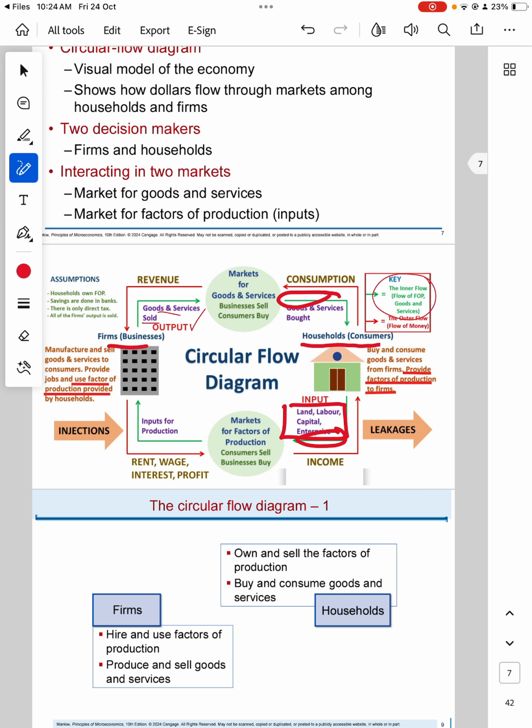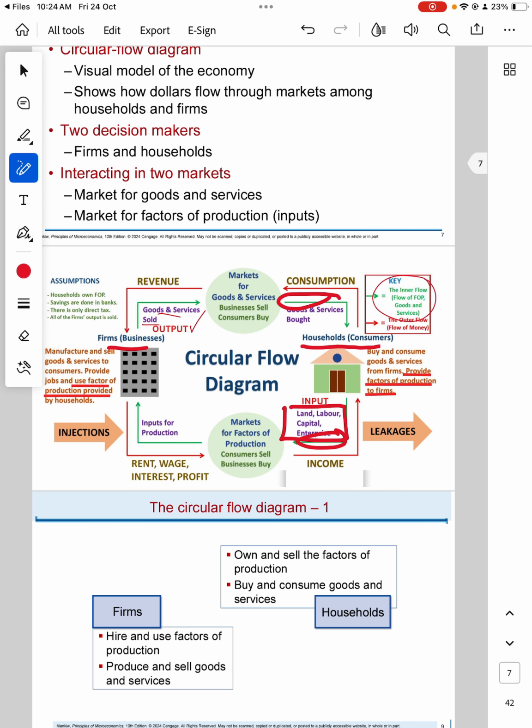The firm will use the factors of production provided by the household, and then the firm will pay the household, or the employees, with rent, wage, interest, and also profit.